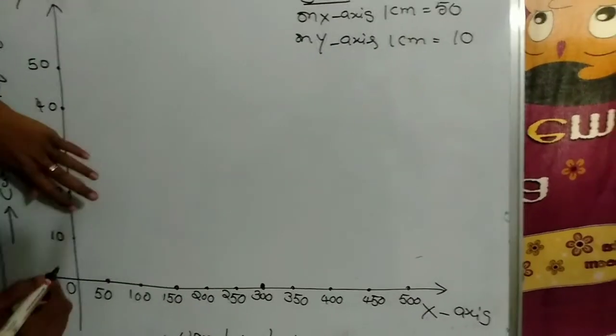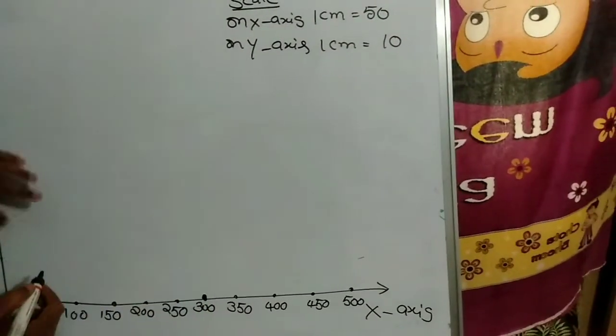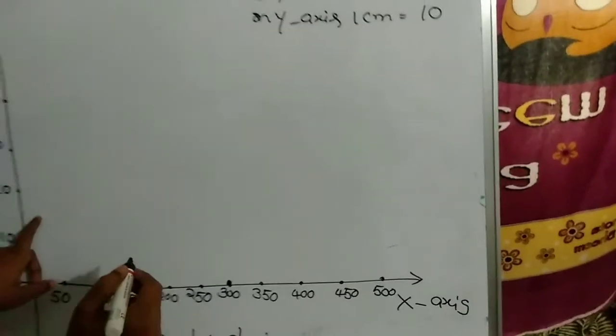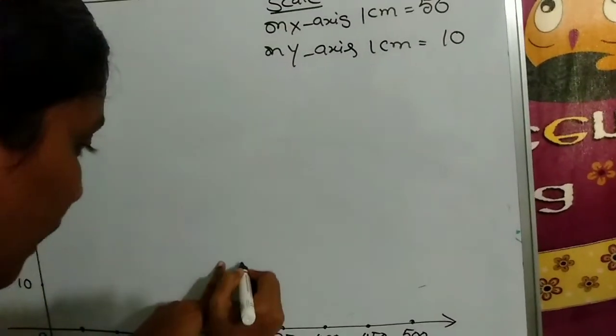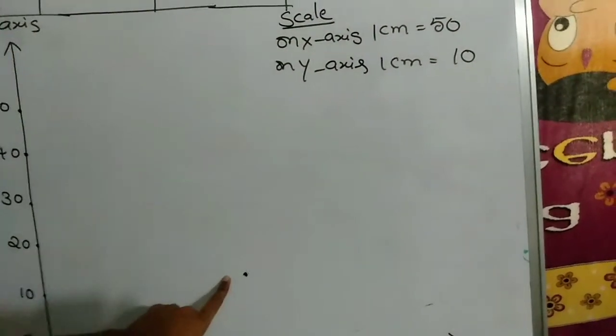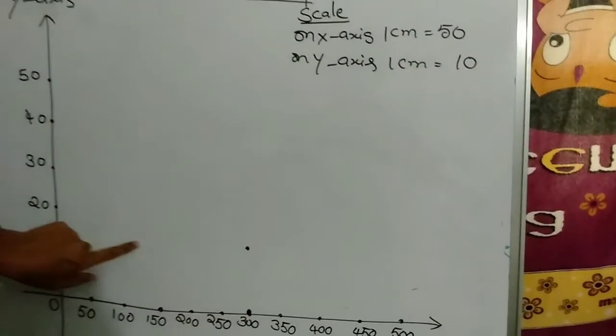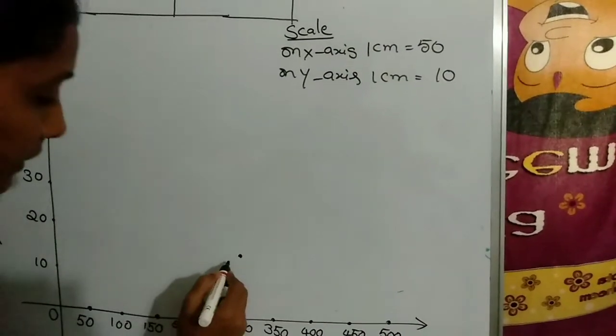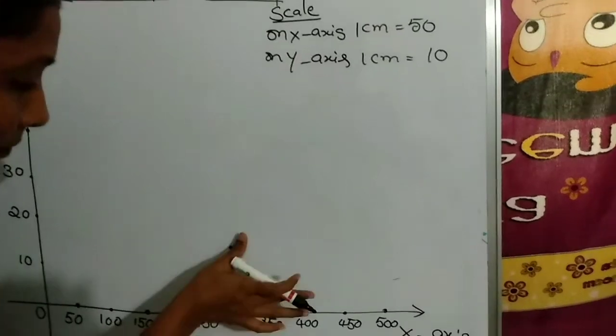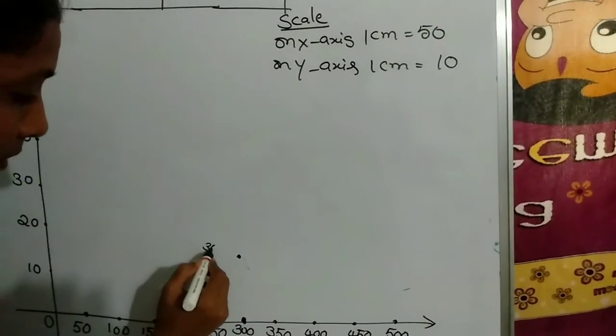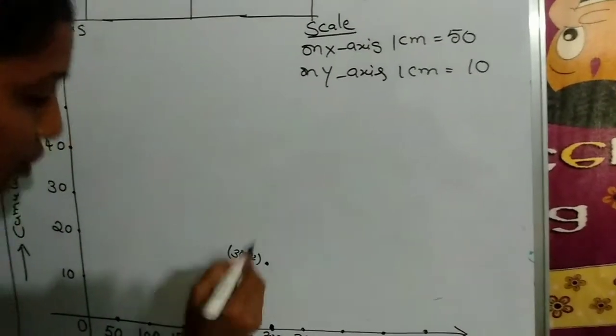So it is nearly here. So this is 300 and this is 12. So this point is 300 comma 12.